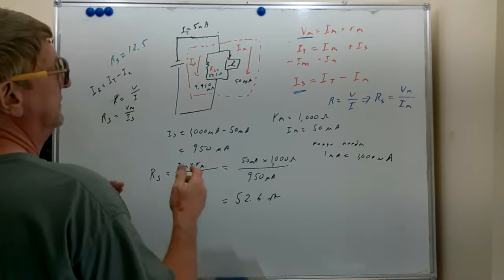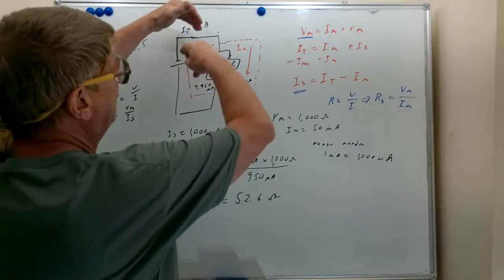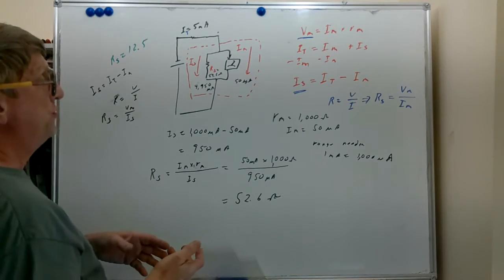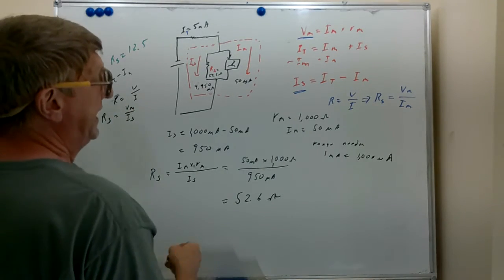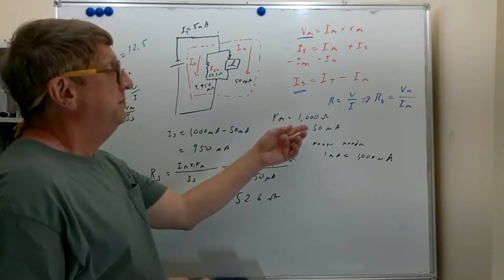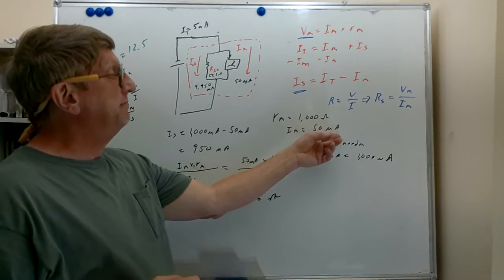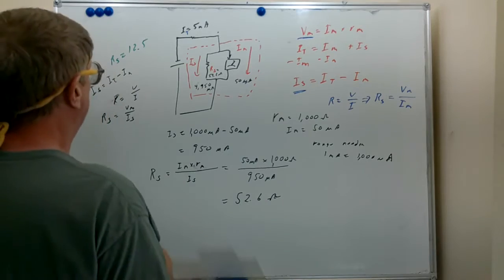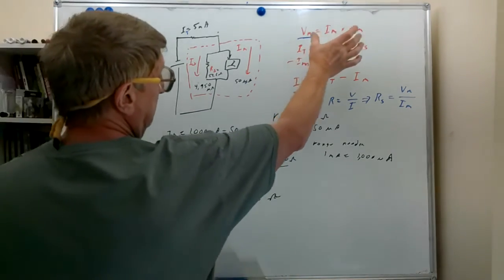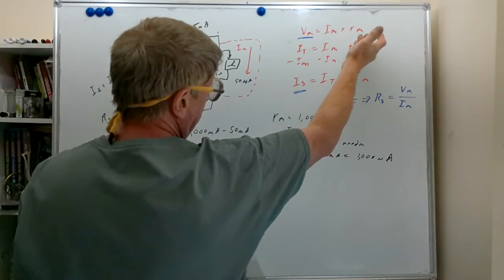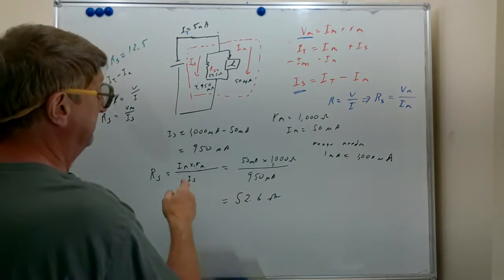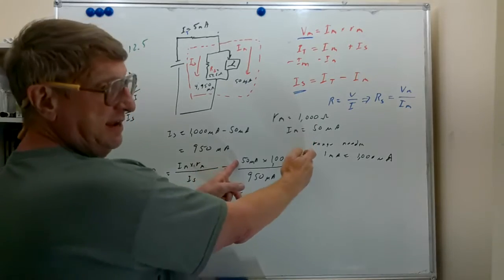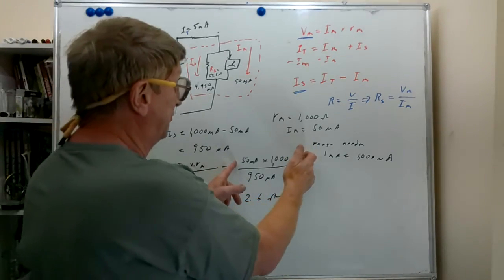We had 1 milliamp going in, 50 microamps going through the meter, 950 microamps going through the shunt resistor. We had 1,000 ohm meter resistance and a 50 microamp meter movement, and we used the voltage drop, V equals I times R, I being 50 microamps, R being 1,000 ohms, to get an expression that represents the voltage across the meter.